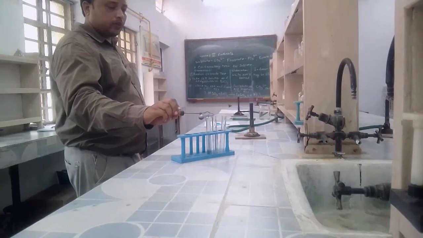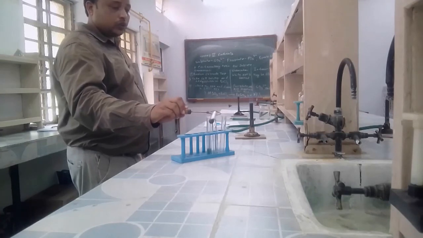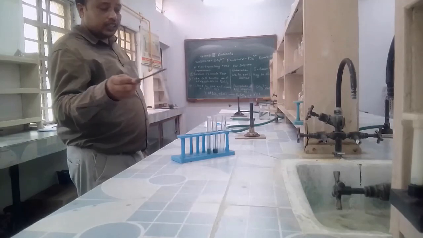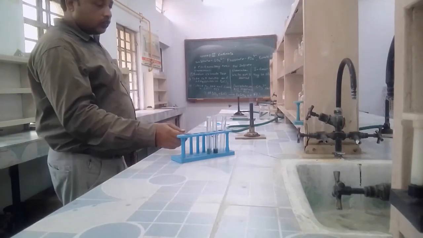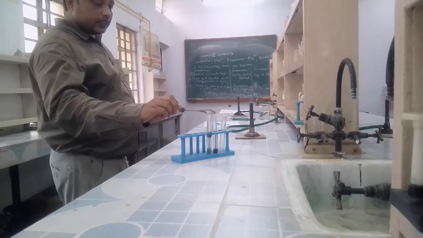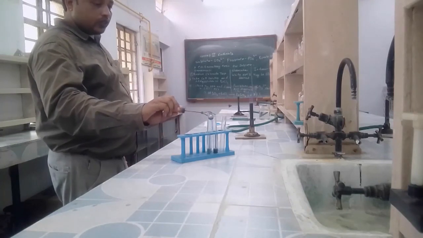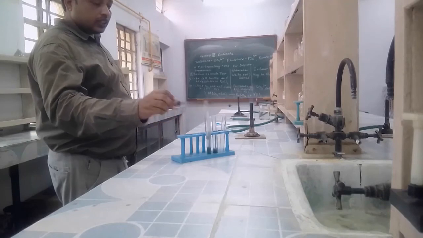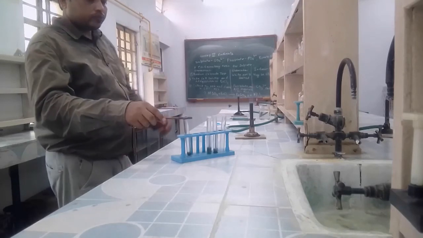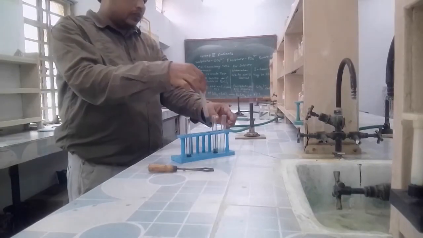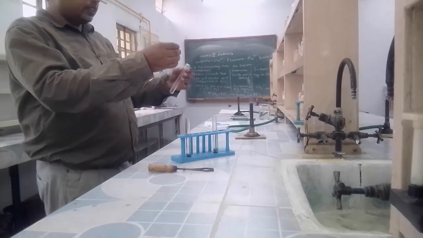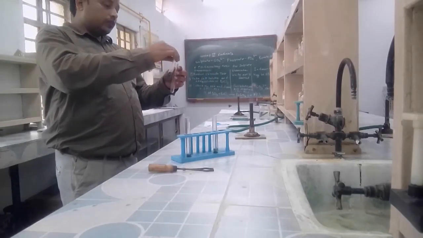We can even perform it. Now see here, the clear solution that we have obtained is in this test tube. So what we have to do is transfer it into this test tube.